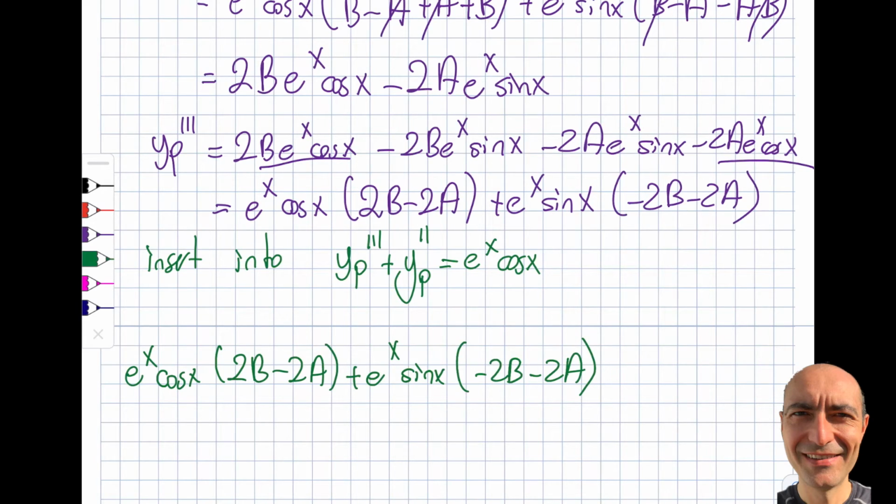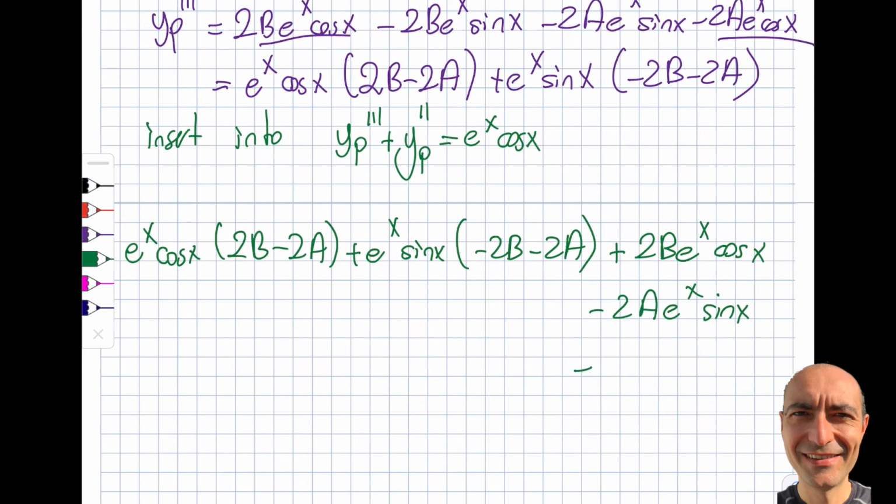So far so good. So this is for the triple. How about the double? The double is in there as well. It's going to be 2b e to the x cosine of x minus 2a e to the x sine of x. That's the left hand side. And the right hand side is equal to e to the x cosine of x.